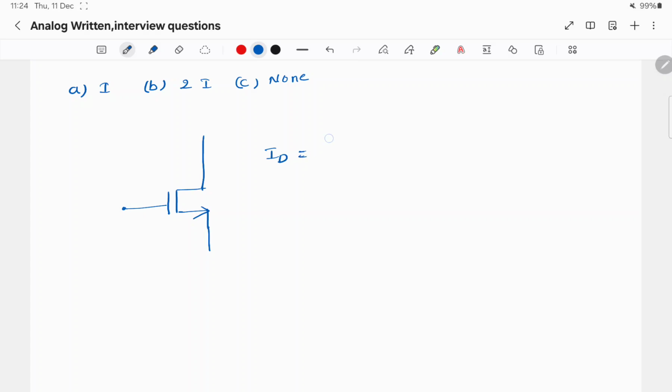ID is given by half mu n Cox W by L into (VGS minus VT) whole square in saturation region.